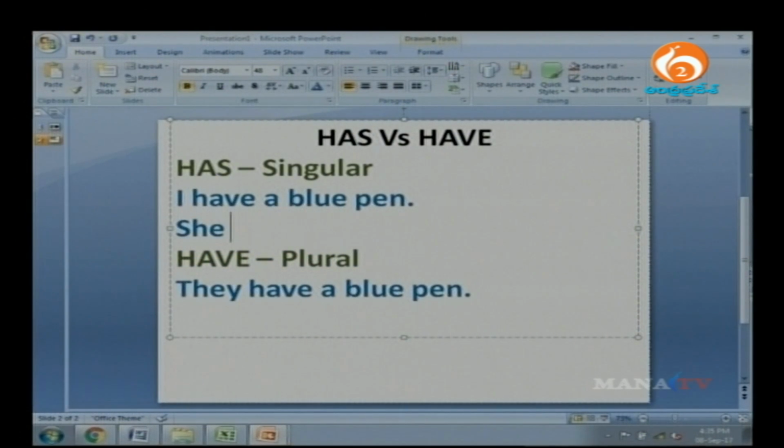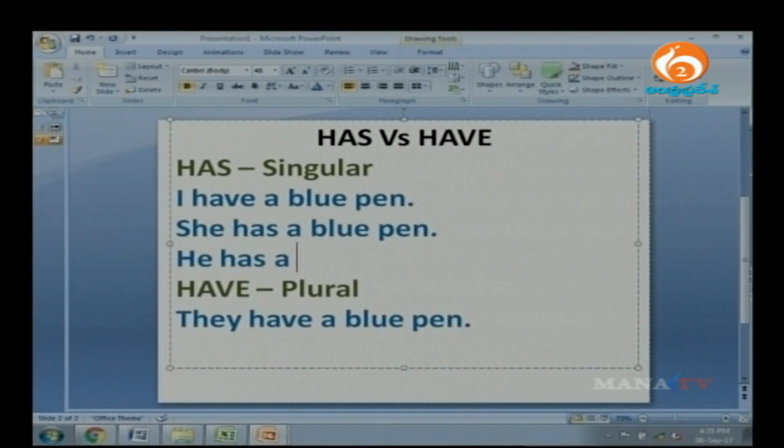But if you use third person singular, she has a blue pen. He has a blue pen. So, since this is an exception because the first person, you are supposed to use have.